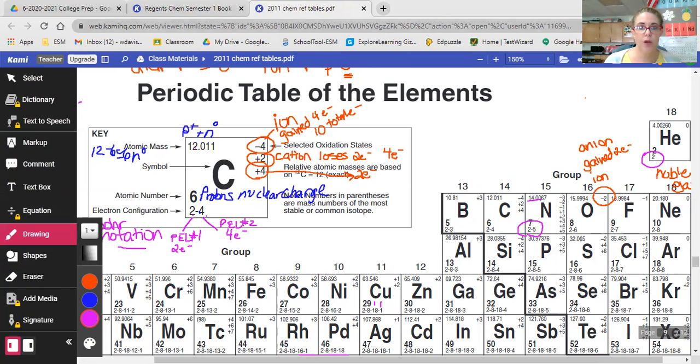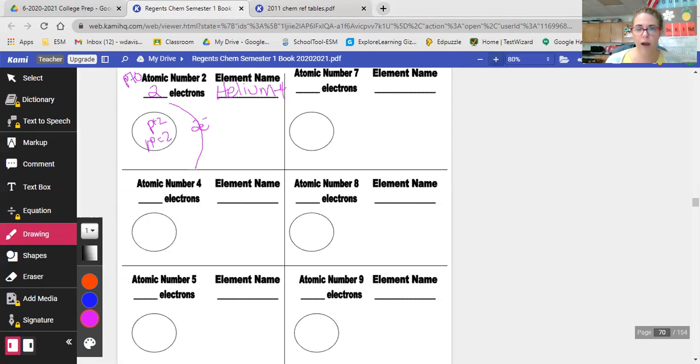All right, now let's translate that into a Bohr diagram. The electrons are 2-5, so that means there's a total of 7 electrons. The protons are equal to 7, and the mass was 14. The element name was nitrogen, and it has a mass of 14. 14 minus 7 is 7 neutrons, so the neutrons are equal to 7 also.